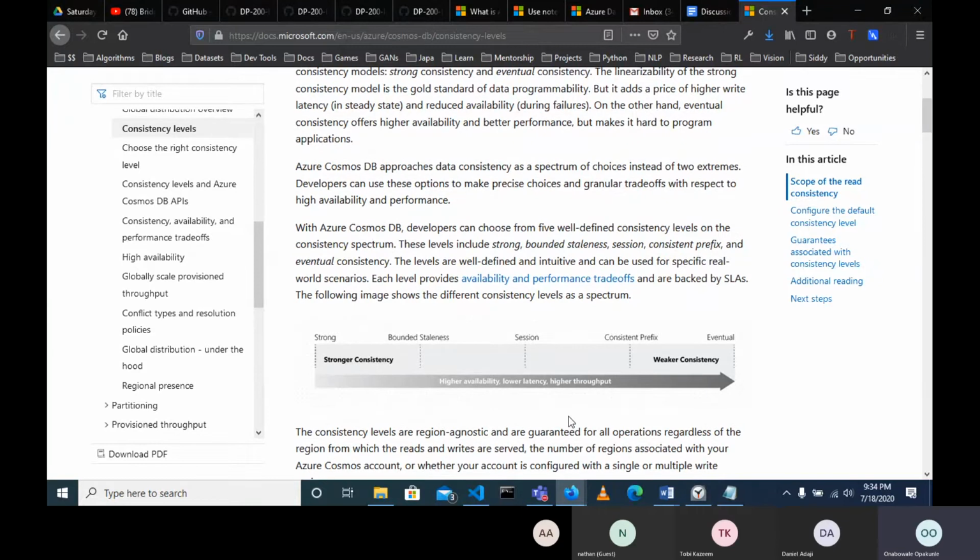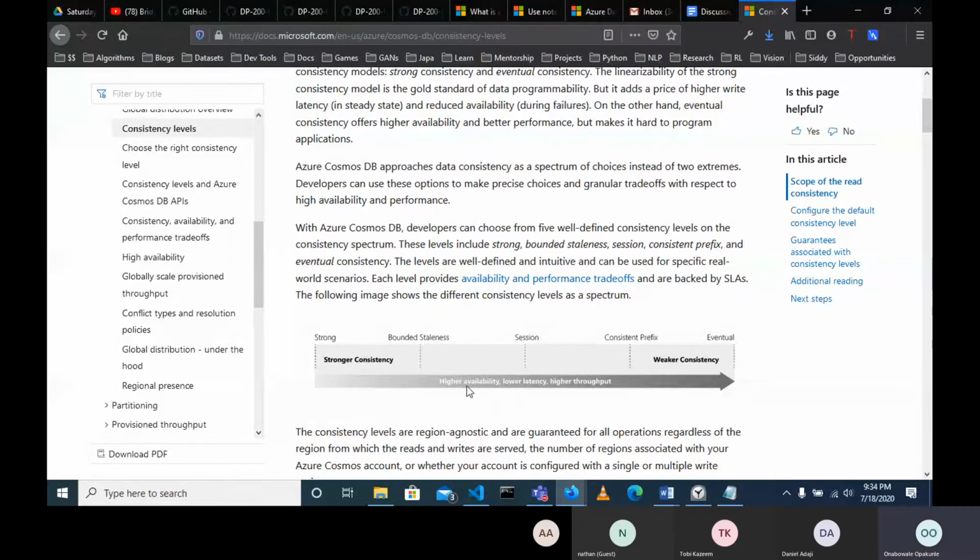Rather than having the user choose between two extremes, they usually give us a spectrum to choose from. As I said, there's always a trade-off no matter what you choose. But for most scenarios, the session consistency is suitable for most tasks that you'll be engaged in.